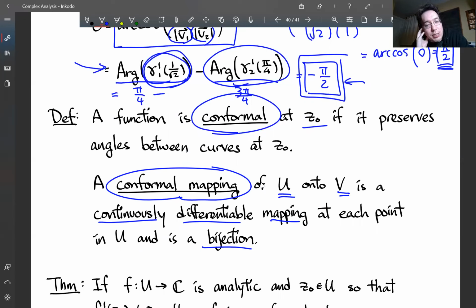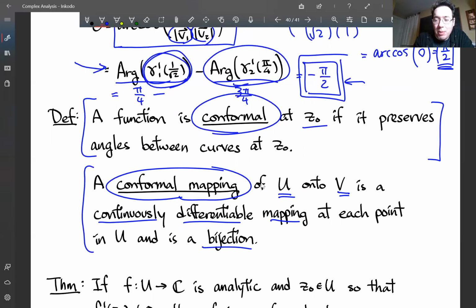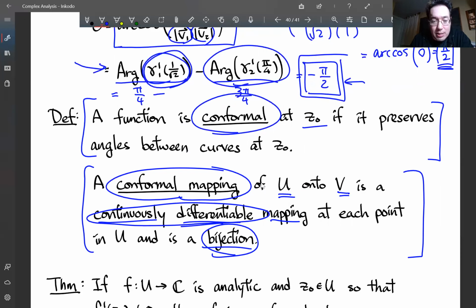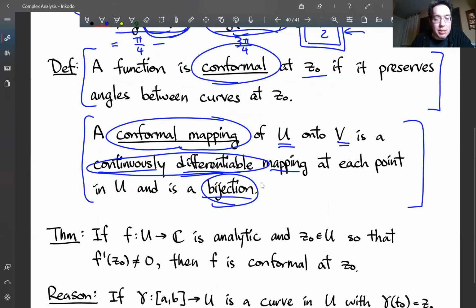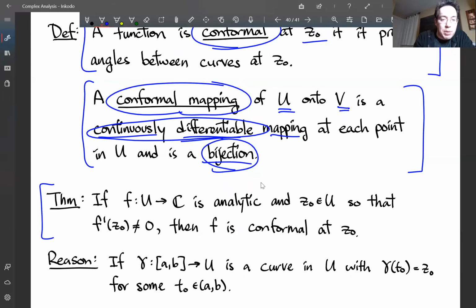This definition might be slightly surprising because we just defined what it means to be conformal at a point, and the definition of conformal mapping doesn't talk about preserving angle, right? It's just asking you to be a bijection and continuously differentiable. So it's complex analytic, and it has to be a bijection at the same time. So this definition might be slightly mysterious, but it's actually not mysterious if we keep in mind this theorem.